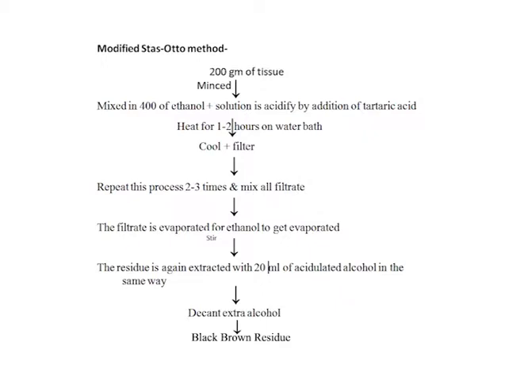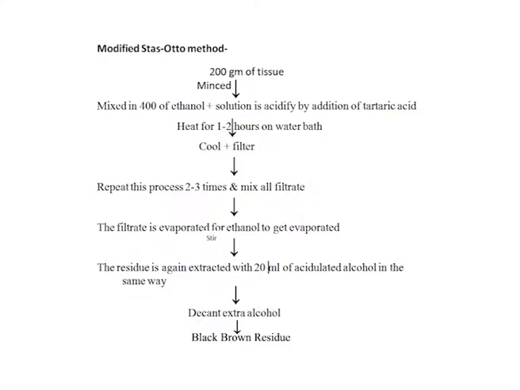Modified Stas-Otto method. Here, 200 gram of minced tissue is taken, which is mixed with 400 ml of ethanol. The solution is acidified by addition of tartaric acid. It is heated for about 1 to 2 hours on a water bath. It is cooled and filtered.